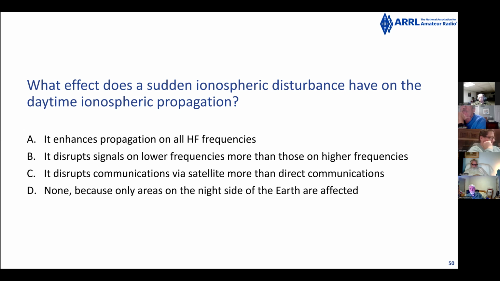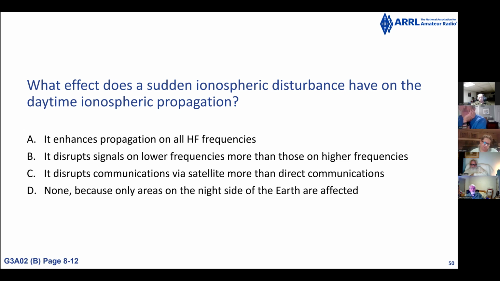I'll give you a hint. A sudden ionospheric disturbance is only electromagnetic radiation. It's only ultraviolet and X-rays. So anybody care to guess what the answer is? It would be at higher frequencies. Yep, that's right.